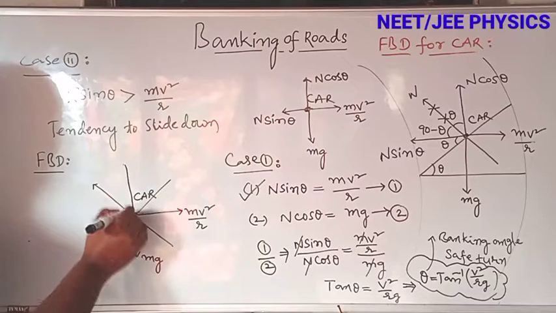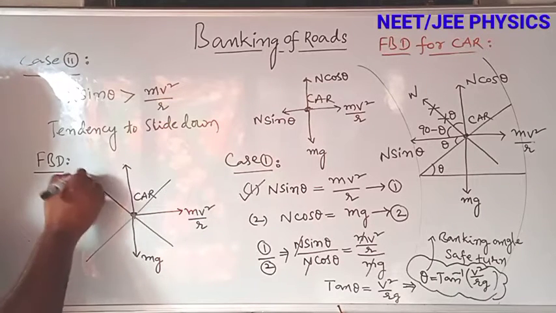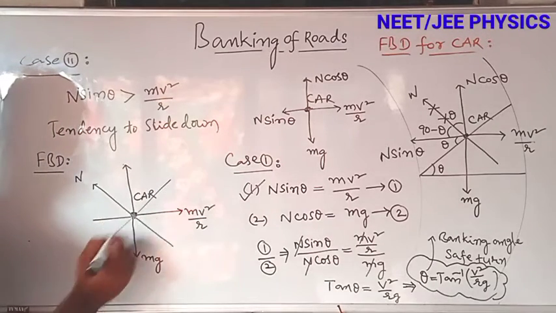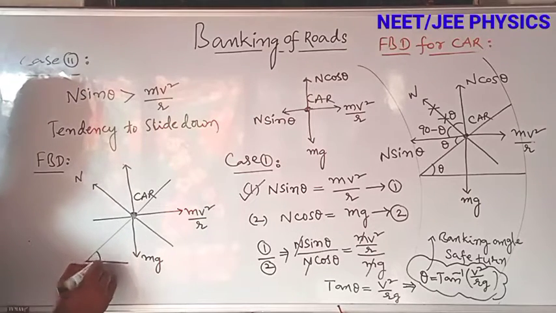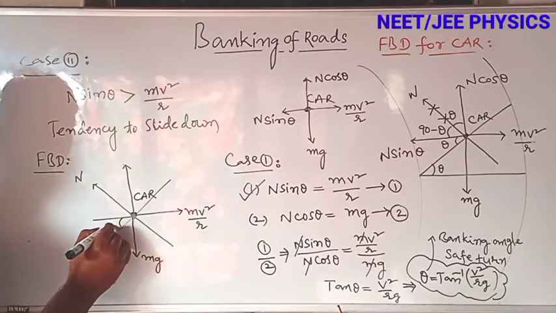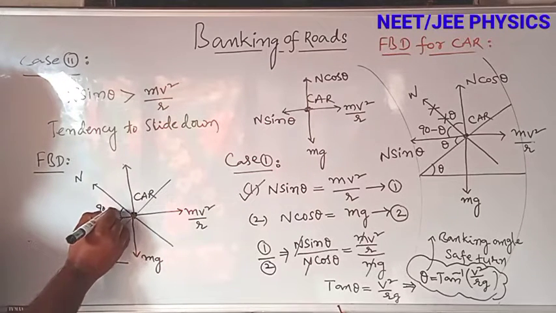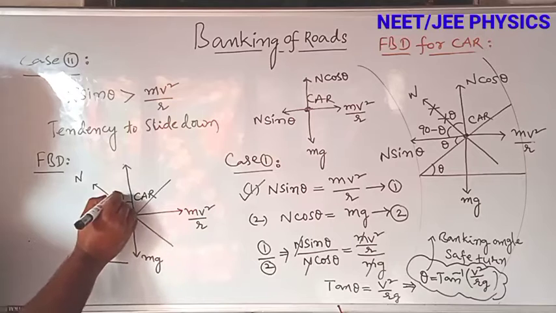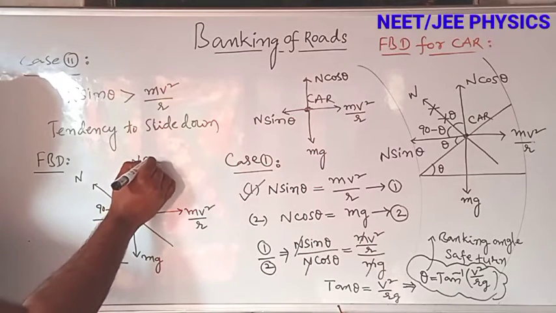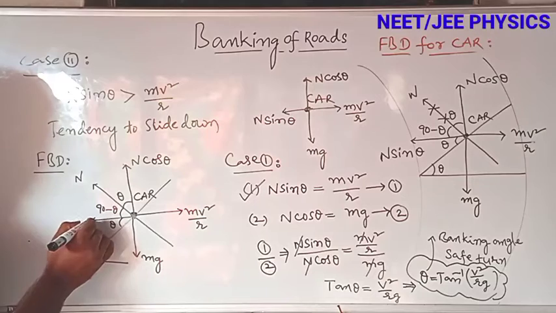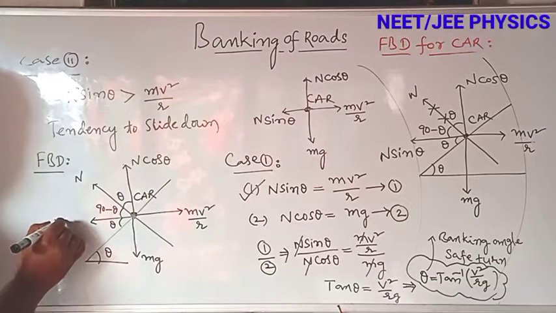This is the horizontal component of the normal reaction, and this is the vertical component of the normal reaction. This is theta, this is theta, this is 90 minus theta, this is theta. So this is N cos theta, and this is N sin theta.